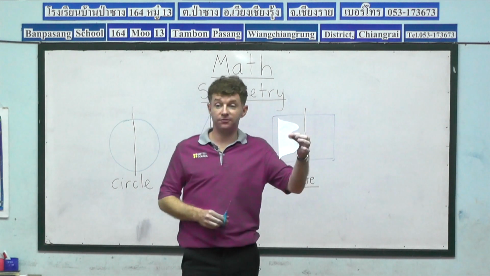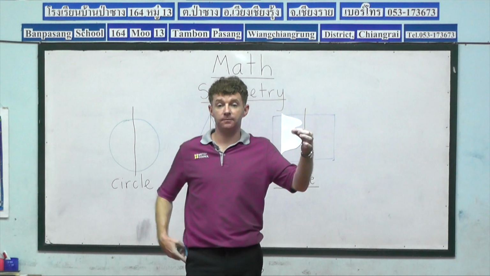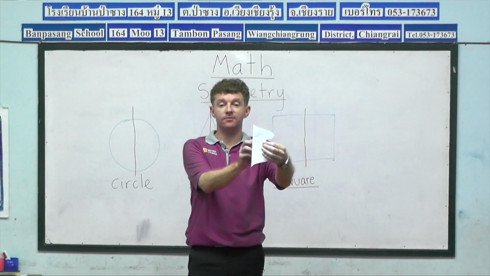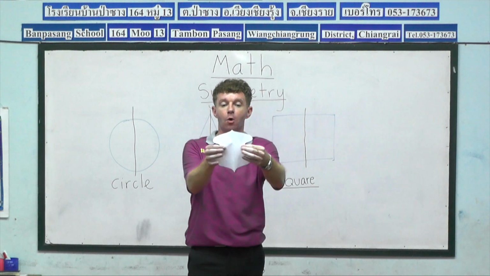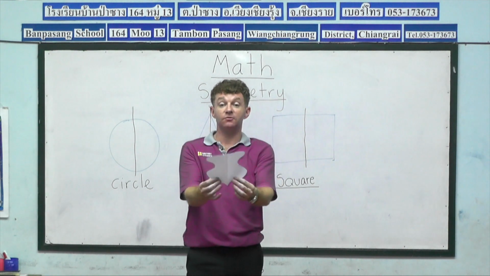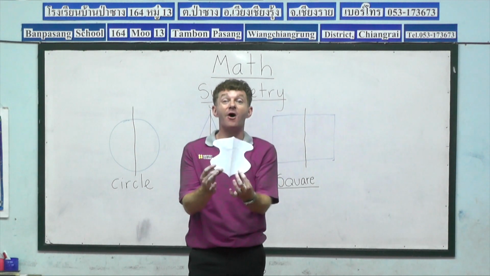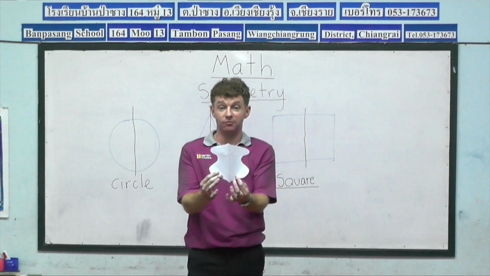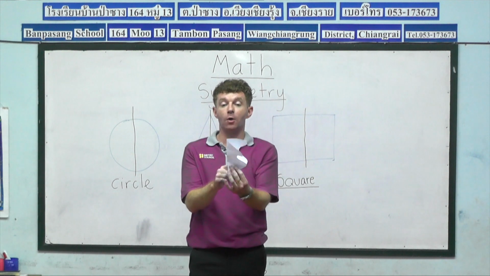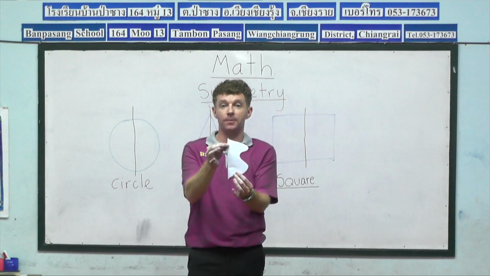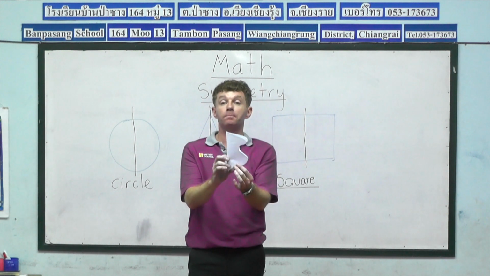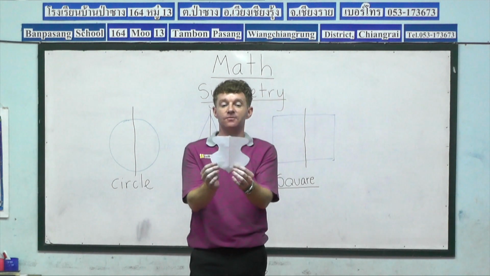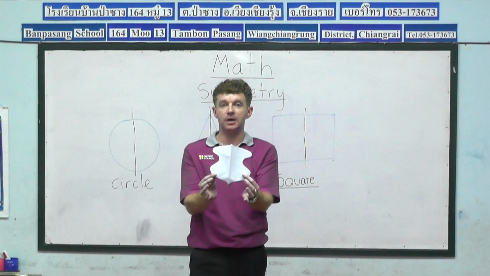I have cut along the sides of the paper that I have drawn. I drew nothing on the other side, but what you will see when you open up your paper is that both halves are identical. And this means that they have symmetry. Even though we only designed one side of the paper, by cutting on both sides an equal amount, you will see we have designed our own symmetrical shape.